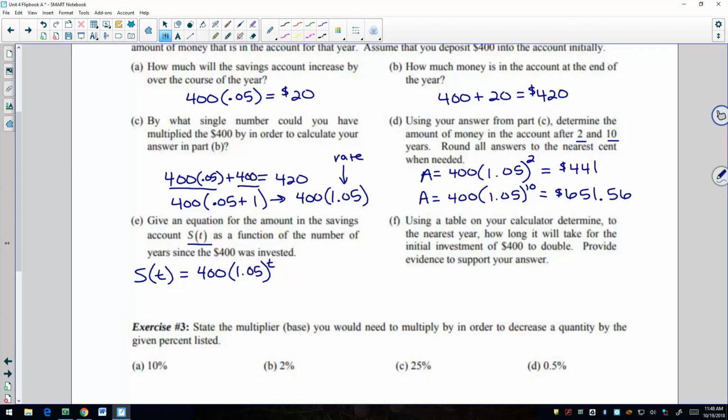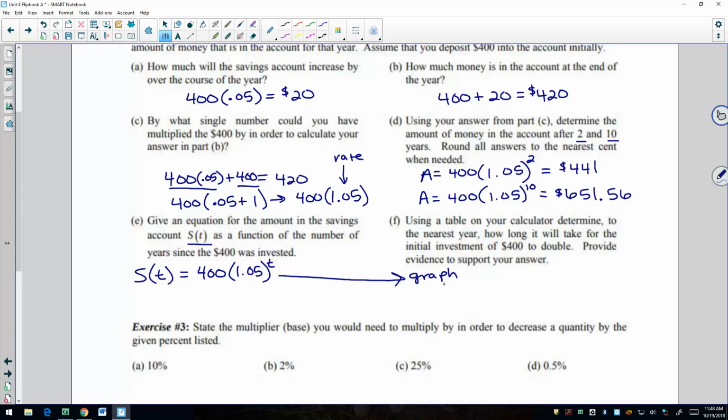Part F, now using a table on your calculator, determine, so you're going to graph this. So for this part F, you would take your calculator and graph that function. If you want to use X and Y instead of S and T, you can, just for the calculator purpose.